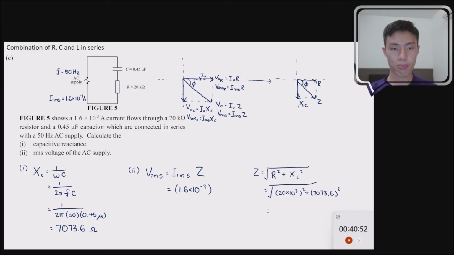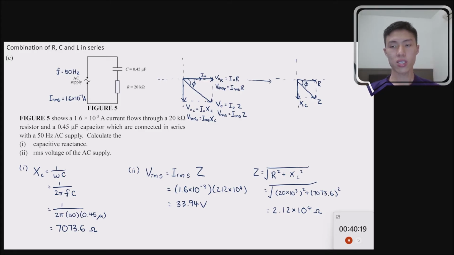So answer squared plus 20k squared, so the square root of it will be 2.12 times 10 to the power of 4 ohm. Okay, so this is what we are going to put in here, 2.12 times 10 to the power of 4 ohm multiplied by 1.6 times 10 to the power negative 3 for IRMS. You get your VRMS to be 33.94.